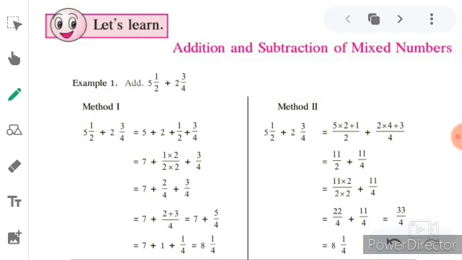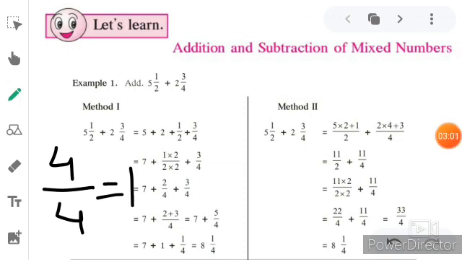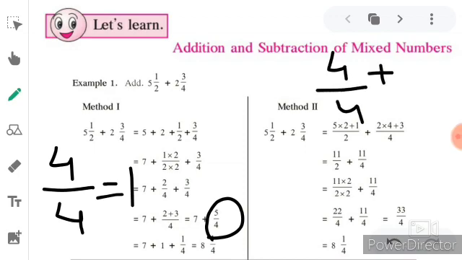Students, one more thing is there. You can understand it as we write 4 upon 4 is equal to 1. So we can write 5 upon 4 like this: 4 upon 4 plus 1 upon 4, because 4 plus 1 is equal to 5. We know that 4 upon 4 is equal to 1, so we can write 1 as a whole number over here.